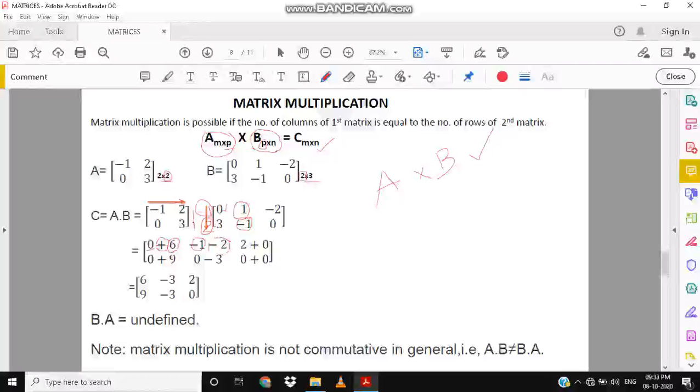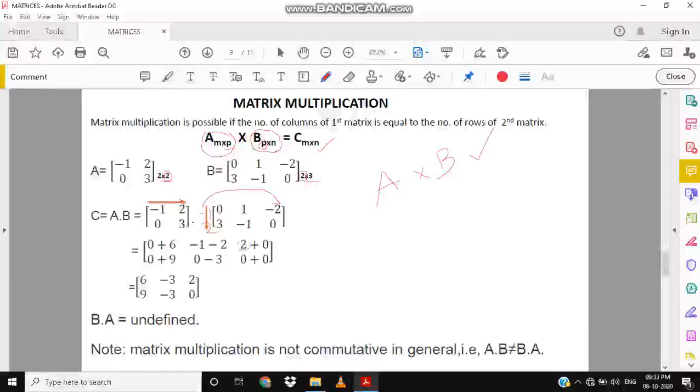Fine. Now again we will be doing this calculation. We will be repeating this. Let me clear it so that you can see it clearly. -1 and this was 2. Now we'll multiply this number with this number. So -1 into -2 gives you +2.